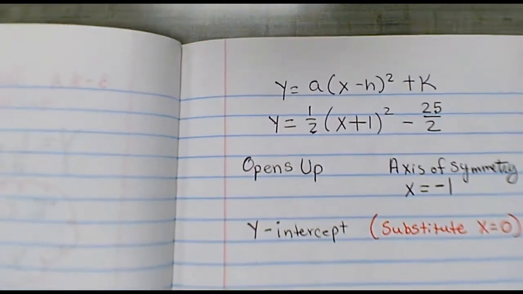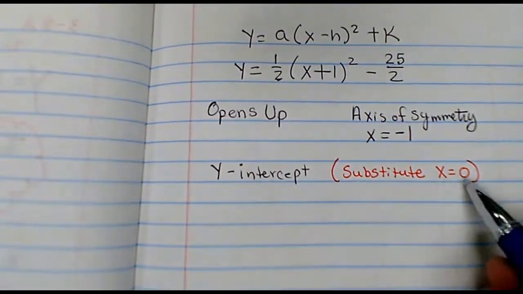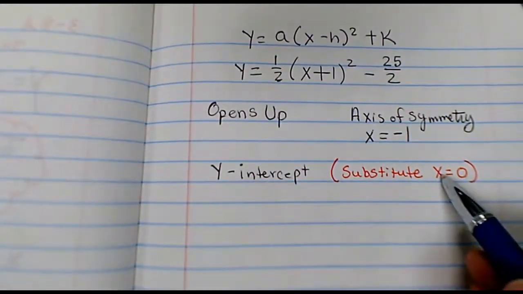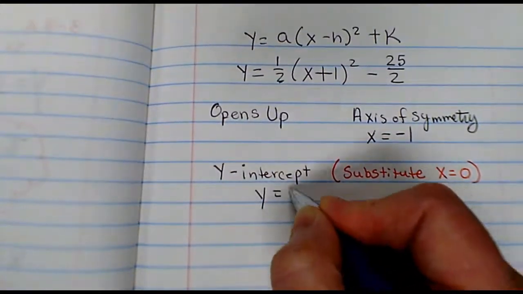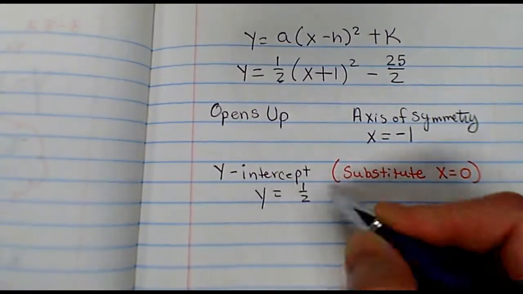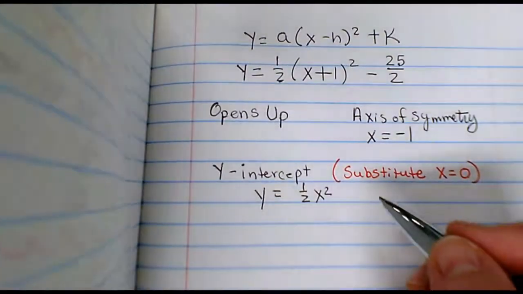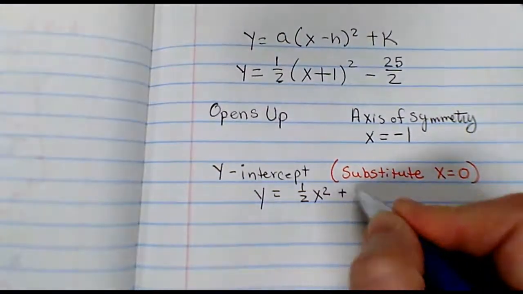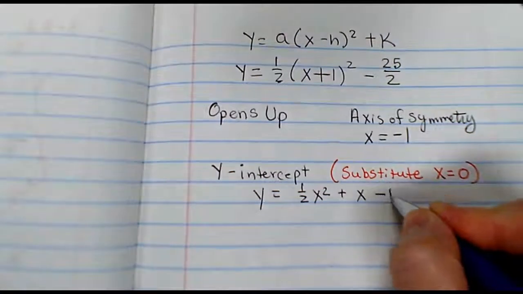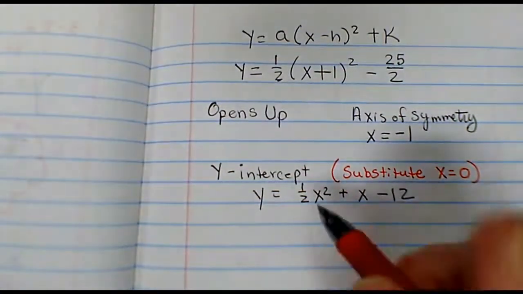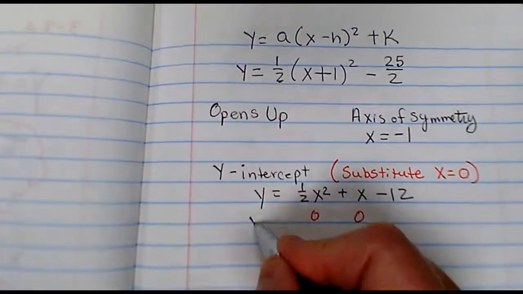To find the y-intercept, you substitute a 0 for x. That's easier to do in the standard form. You can use either form, but the standard form's easiest. Don't we want to do easiest? So here I'm going to substitute a 0, and here I'm going to substitute a 0.